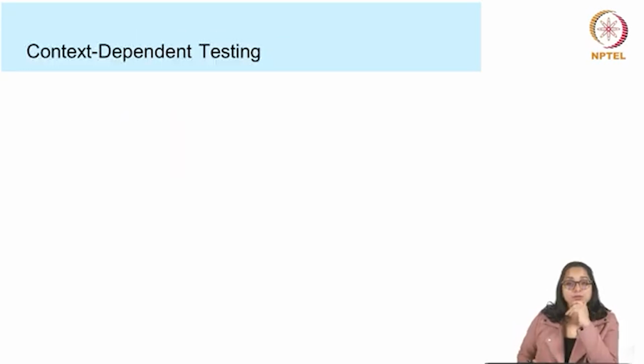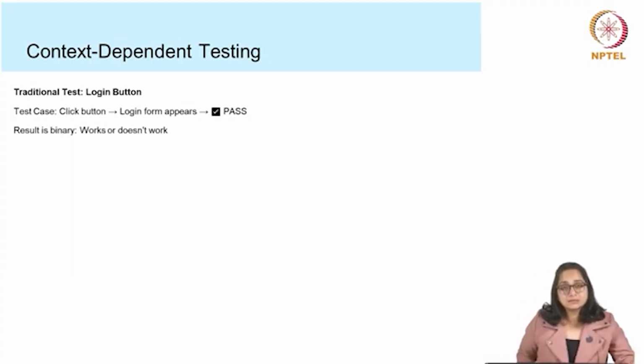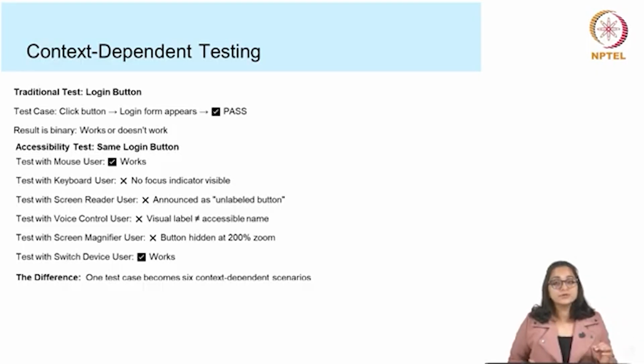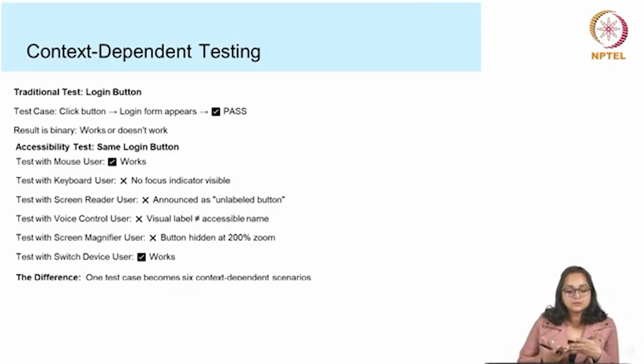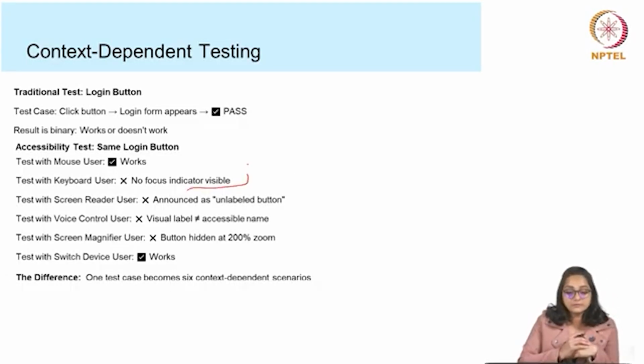So now let us talk about context dependent testing. In traditional testing, if we talk about say a login button, the test case is: click button, login form appears, then it is passed. The result is binary, works or doesn't work. In an accessibility test, same login button: test with mouse user, works. Test with keyboard user, no focus indicator available.